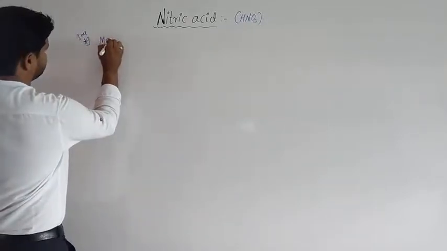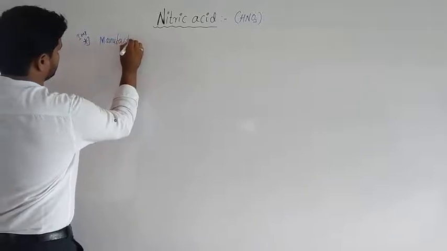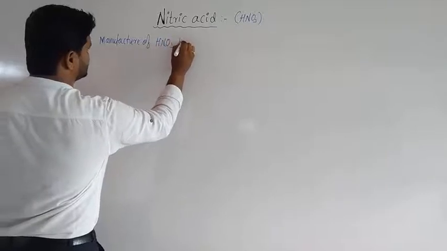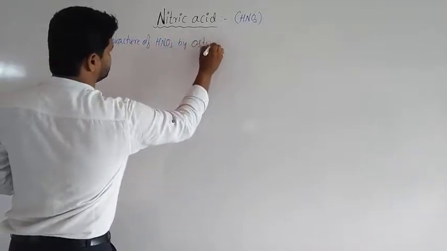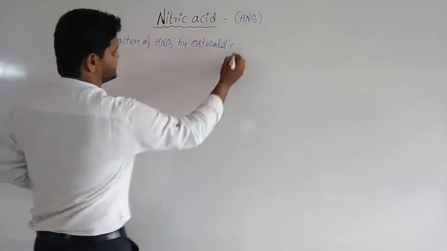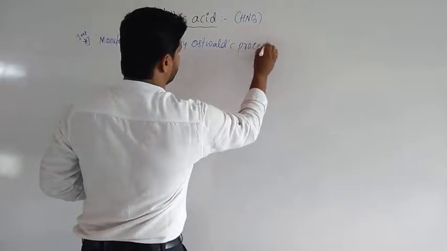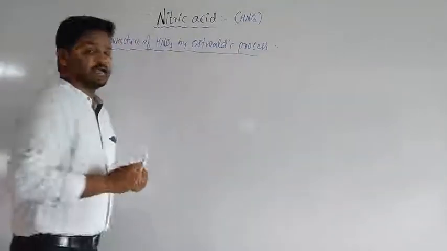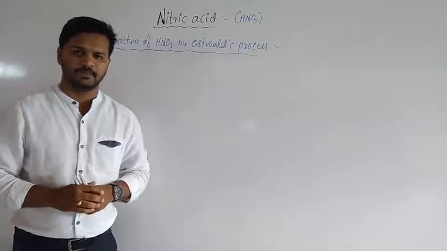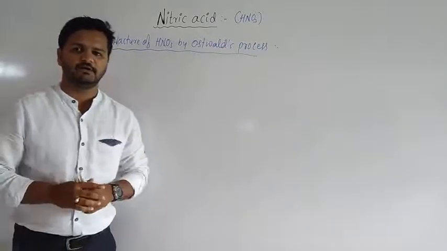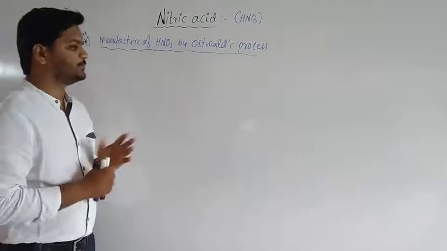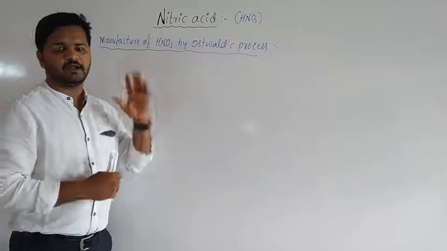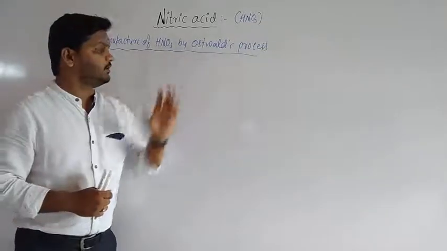Here, students, HNO3 can be formed by the catalytic oxidation of ammonia, and the process of formation of nitric acid from the catalytic oxidation of ammonia is called the Ostwald process.